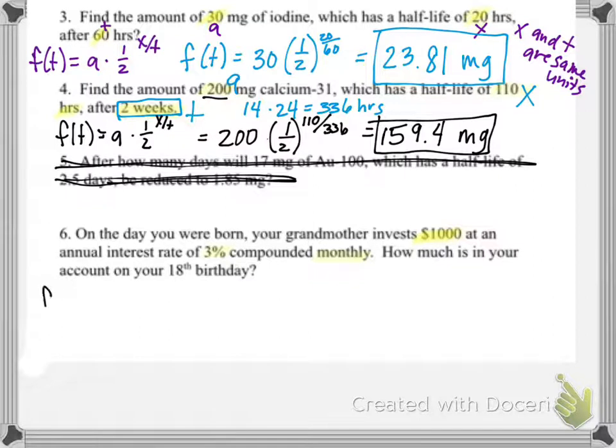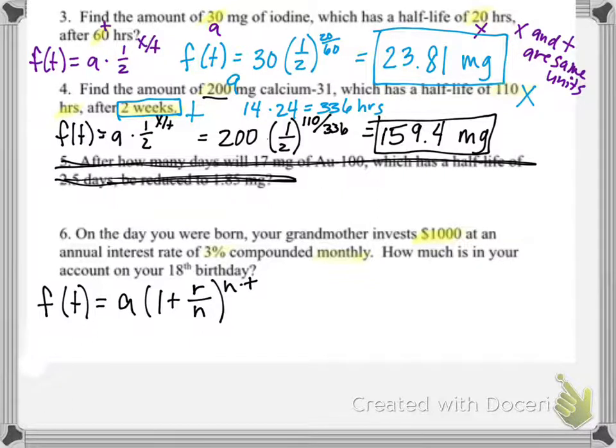The formula is f(t) equals your initial amount, 1 plus your rate over how much is compounded, raised to how much is compounded times years. So how much time. So here we need to identify what we have.